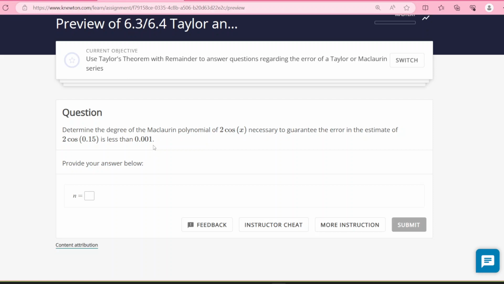So we're trying to determine how many terms of our Maclaurin series, Taylor series centered at 0, we need to approximate 2 times the cosine of 0.15 and have an error no greater than 0.001.